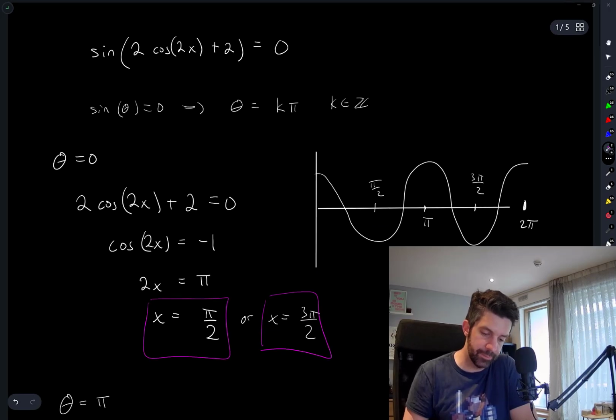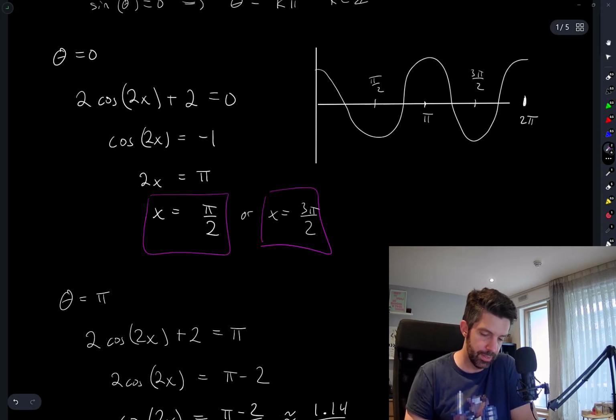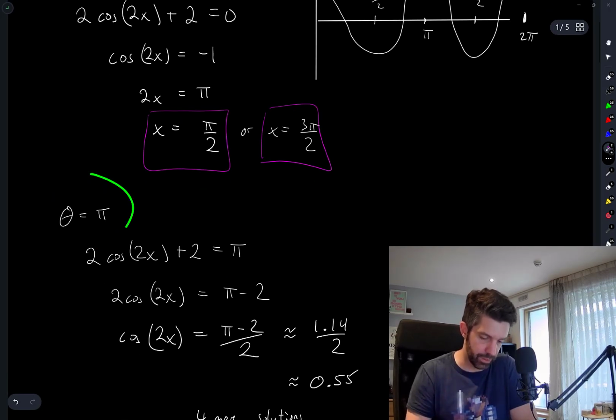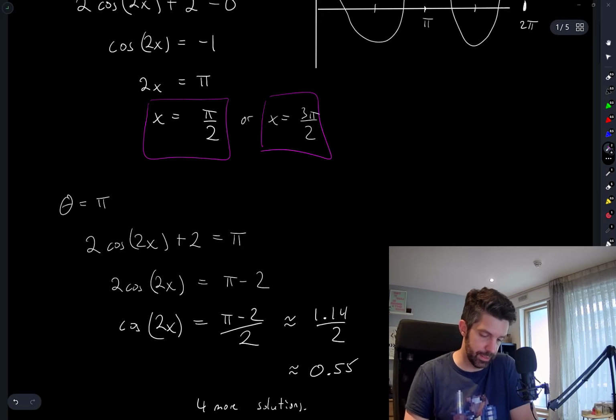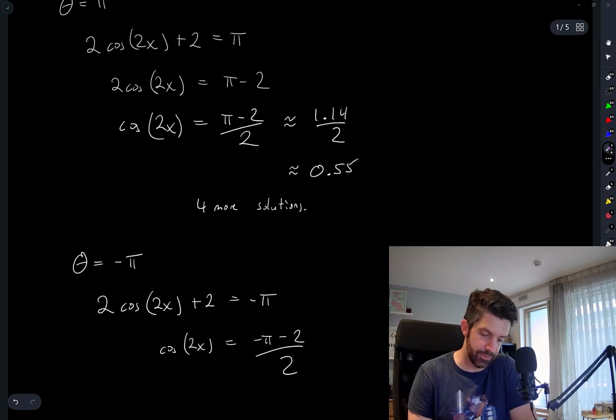So the only quantity we can put here such that there is a value of x that works is when this thing itself is equal to 0. Oh, sorry, and I forgot about this one, and pi. So these two solutions work, and whatever the value of x happens to be corresponding to this one, there's 4 more solutions. So the answer should be 6, which is option D.